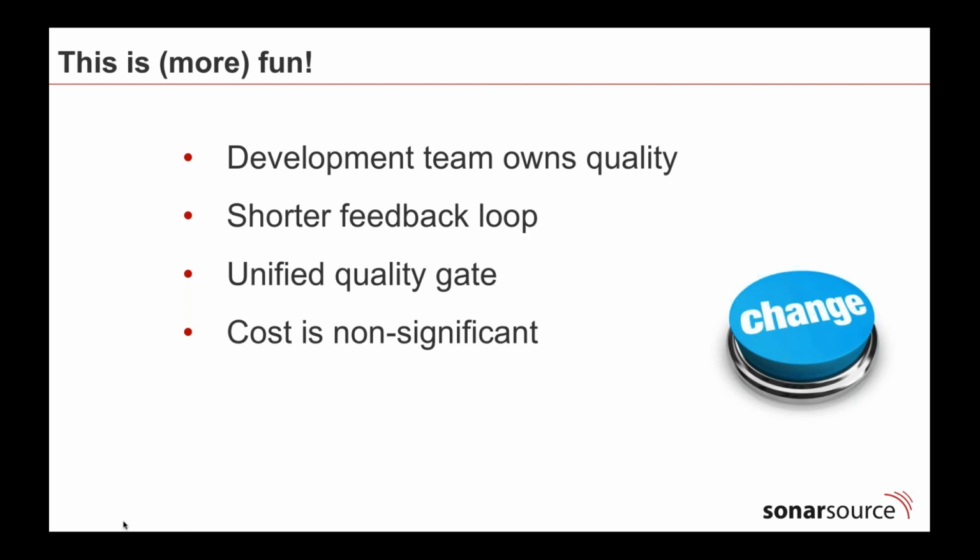So basically, this should be part of the development of the non-functional requirements to deliver good code quality. The feedback loop should be short. It is very, very important. There should be a consistent quality gate across the organization, and the cost should be non-significant. You do not want your development team to invest a lot of time into code quality. Next slide, please.